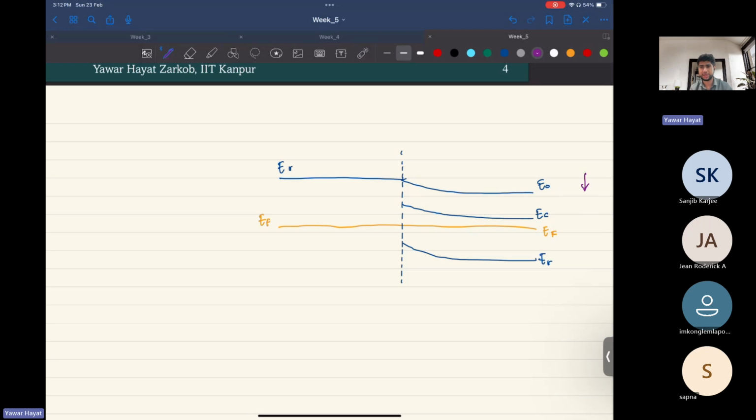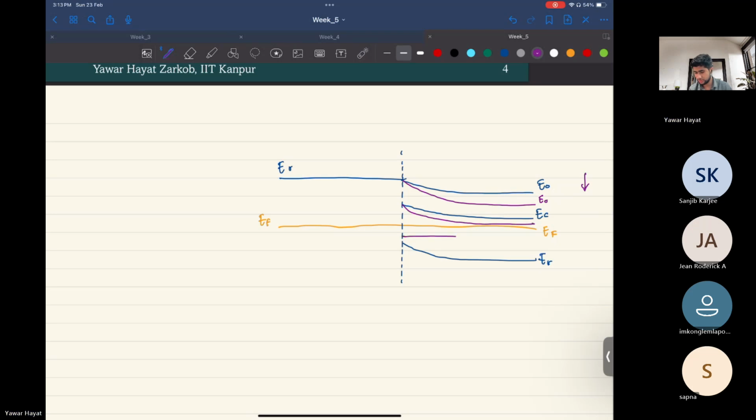I'll move them downwards. So this would be your new E naught. Likewise, your EC would also change.